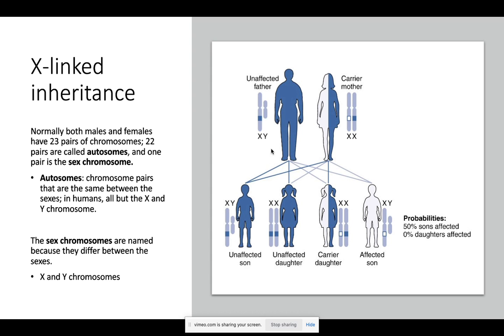So you have XY here, which is the chromosomes for males, and XX here, which is the chromosome type for females. So again, we have 23 pairs, and 22 of those are what we call autosomes.